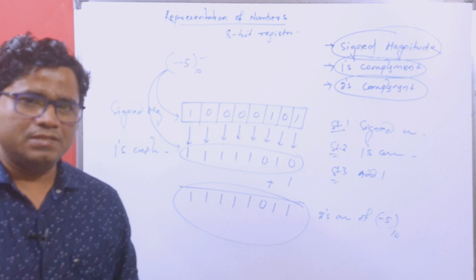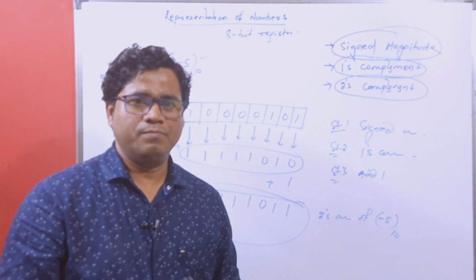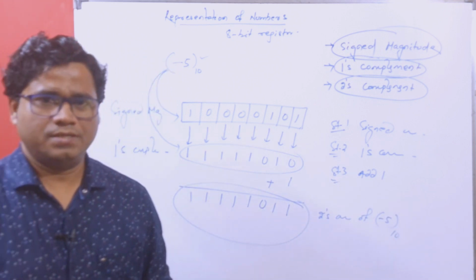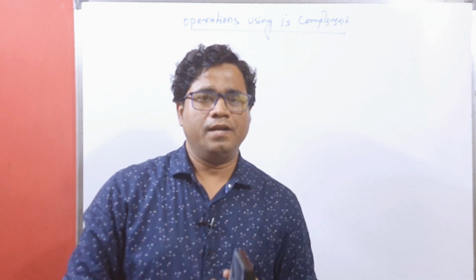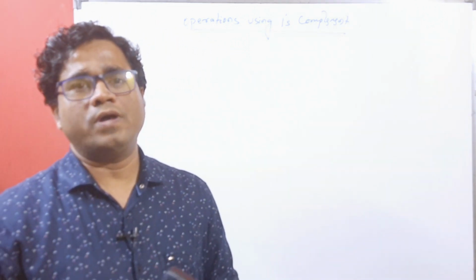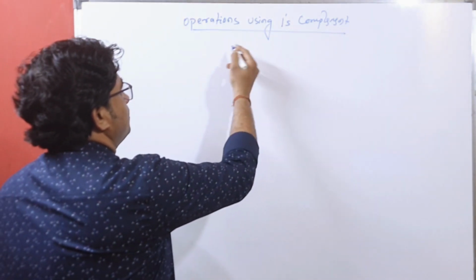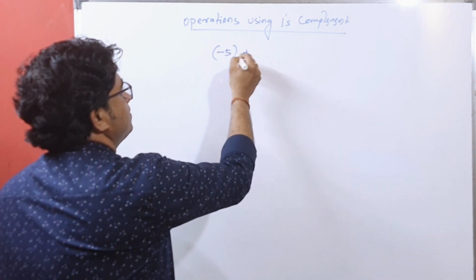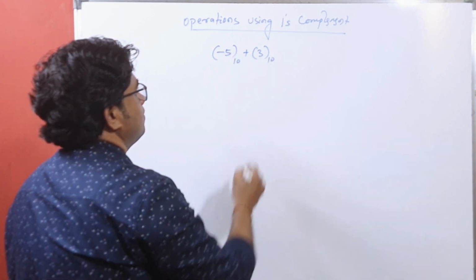So now let us discuss how you can perform addition and subtraction of numbers using 1's and 2's complements. Let us discuss how a number can be subtracted and added using 1's complement representation. Let us take one example. Suppose minus 5 base 10 plus 3 base 10.